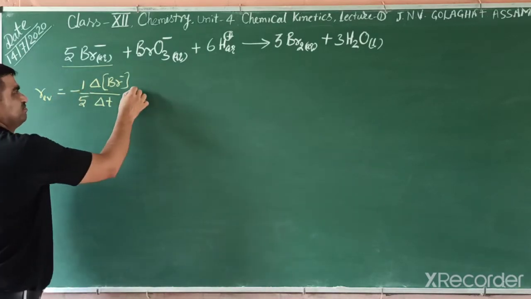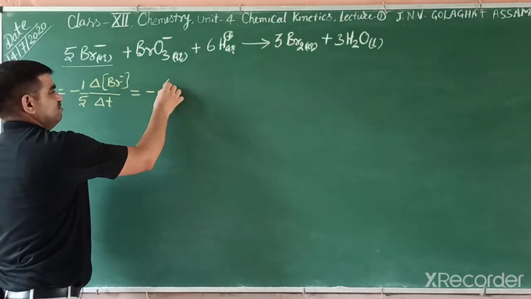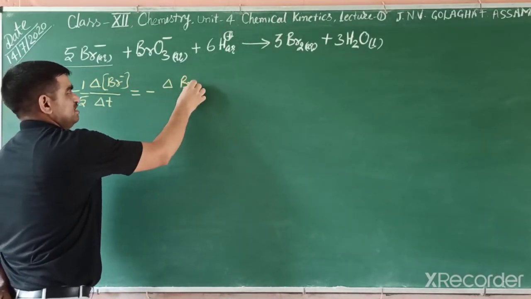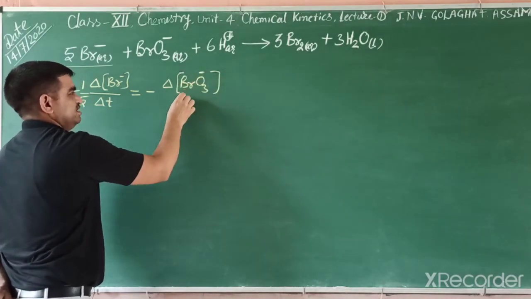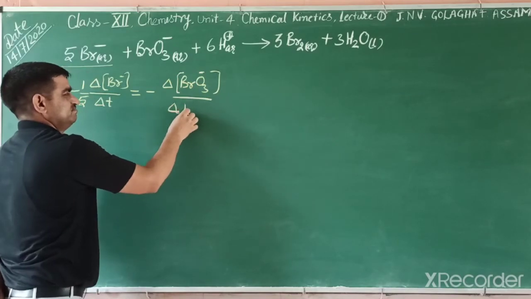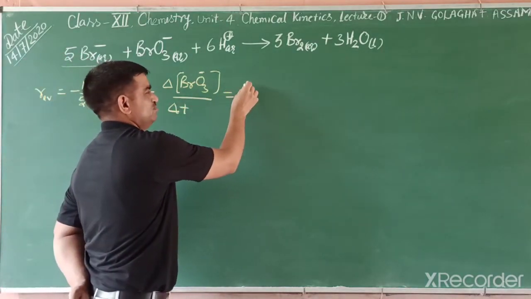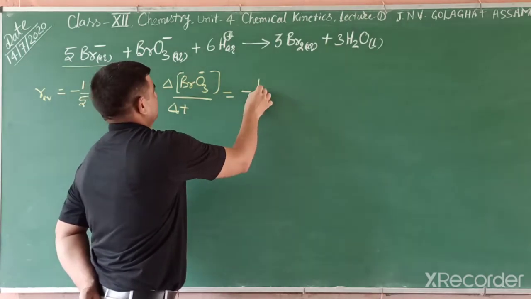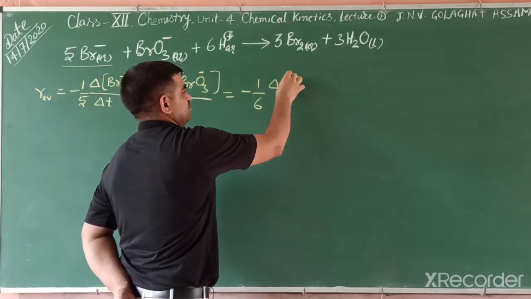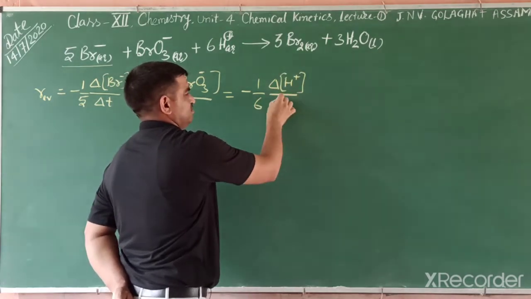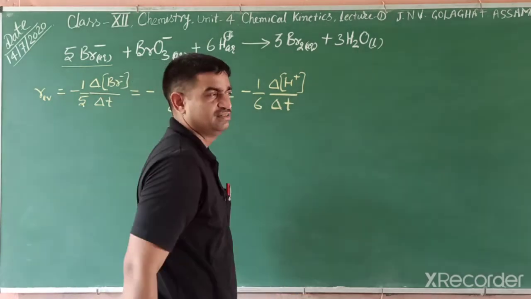The other one is the bromate ion, minus the concentration of bromate ion divided by delta t. The other reactant is also equal to minus 1/6 concentration of hydrogen ion divided by delta t. These are the three reactants.